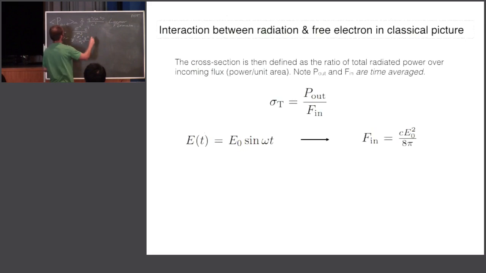Now I can combine these two equations. Substituting, we get 2/3 Q squared over c cubed, times 1/2, so let's get rid of this 2 here, E naught squared Q squared over m_e squared.